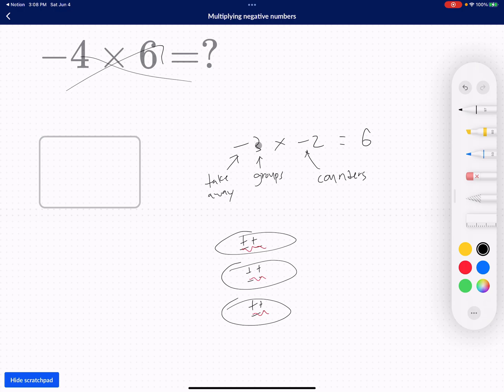So all you have to do is actually multiply these two, and the answer is always going to be positive. So it's just a procedural rule that I wanted to share with you guys as well. But in your practice problems, make sure you go ahead and do these with the counters so that you know why these procedures work the way that they do.